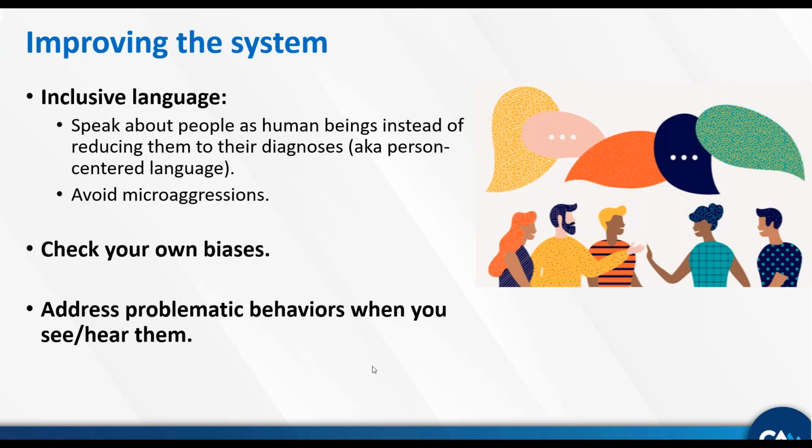We can do trainings and make all these systematic changes, and those are all great, but on a day-to-day basis we also need to call things out when we see them, not be okay with jokes like that, not be okay with language that's not inclusive, take the step to actually say something, and also work on our own biases.